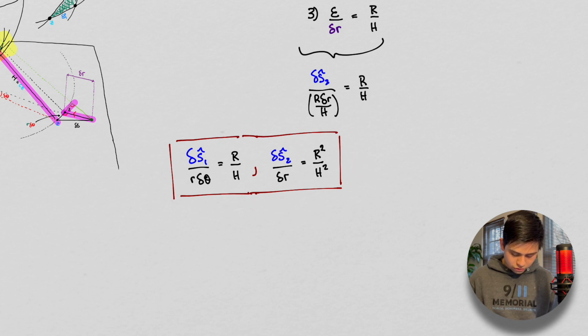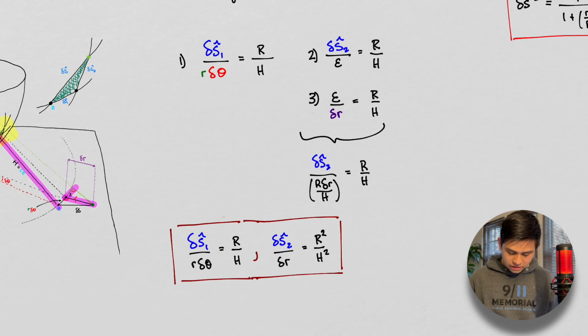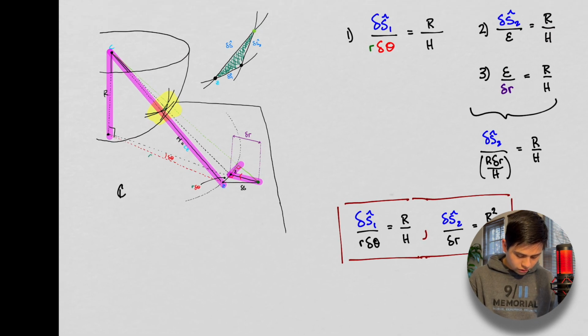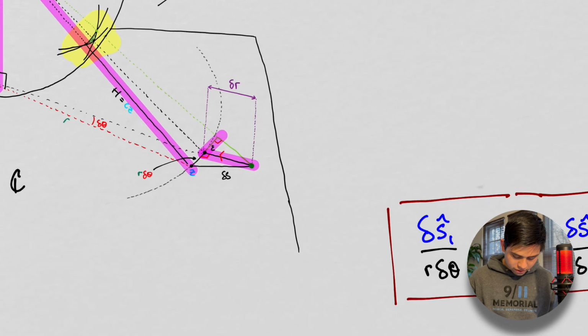This conclusion right here is delta S1 hat over R delta theta is equal to this. Delta S2 hat over delta R is going to be equal to this, and we'll see how we form this. So delta S2 hat over epsilon is R over H. Again, H is that hypotenuse.